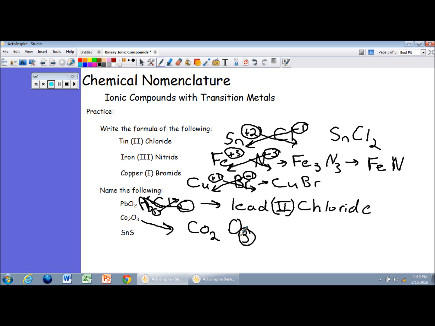So we're going to uncross, which will give us cobalt, which is what C little o is, 3. Sorry, it's going to be cobalt(III) oxide.